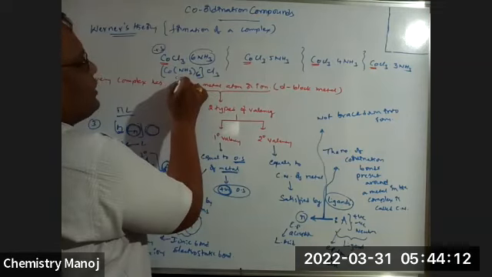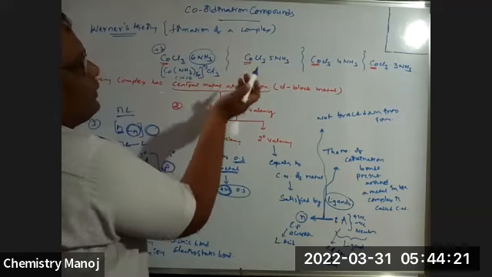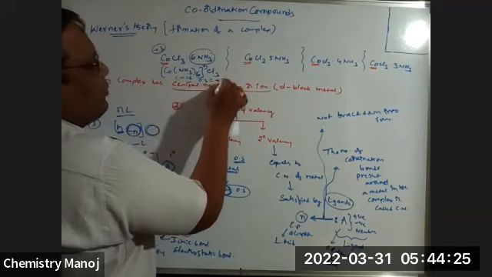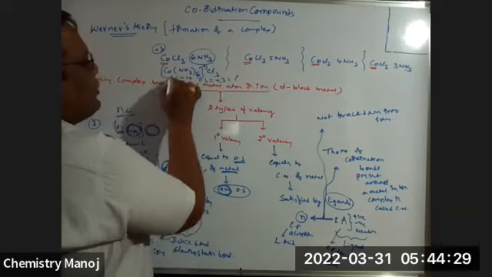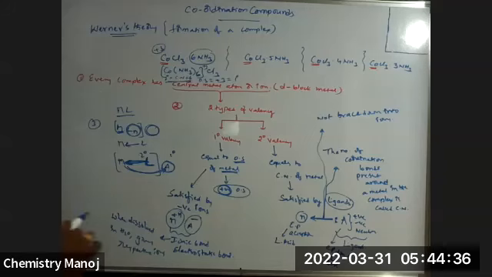Therefore, the coordination number is 6. Here, cobalt has a +3 oxidation state, because the 3 chlorines are 3 minus 1, that is satisfied. So primary valency is 3, secondary valency is 6.